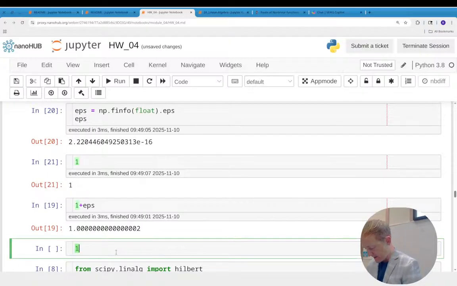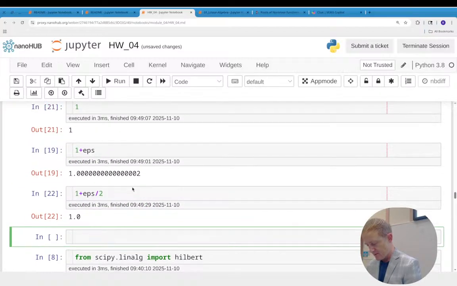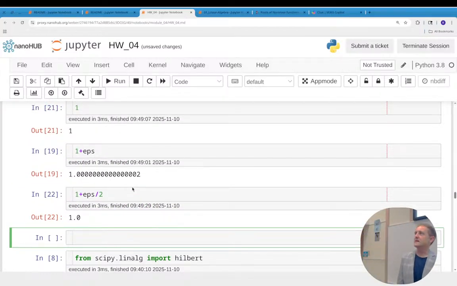But if I try to say 1 plus EPS over 2, then it's just going to tell me that I have the number 1. So that's where that 10 to the negative 16 is coming from: if it's anything smaller than really 10 to the negative 15, it's 0. You can't do anything with it, at least with the number 1.